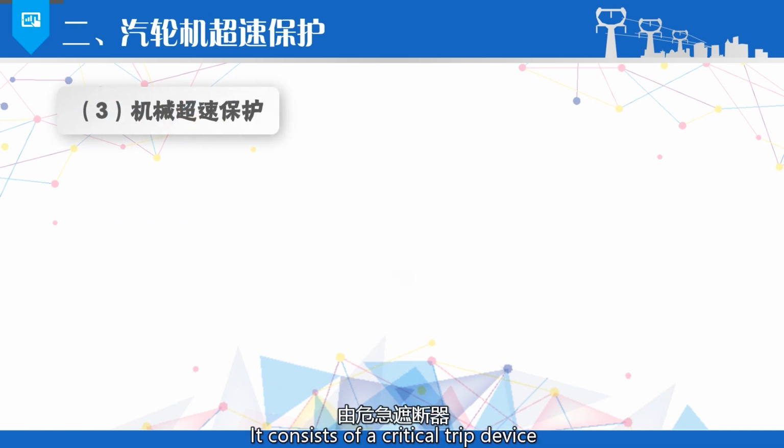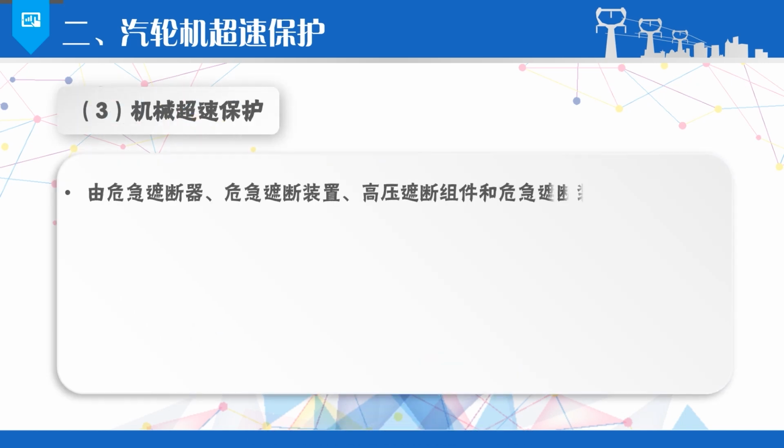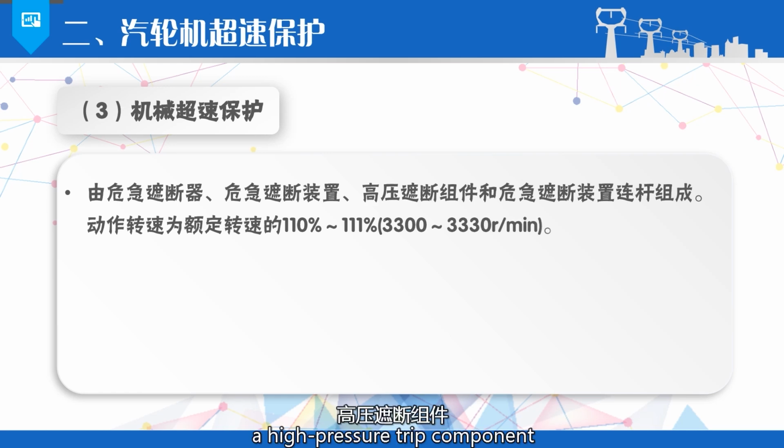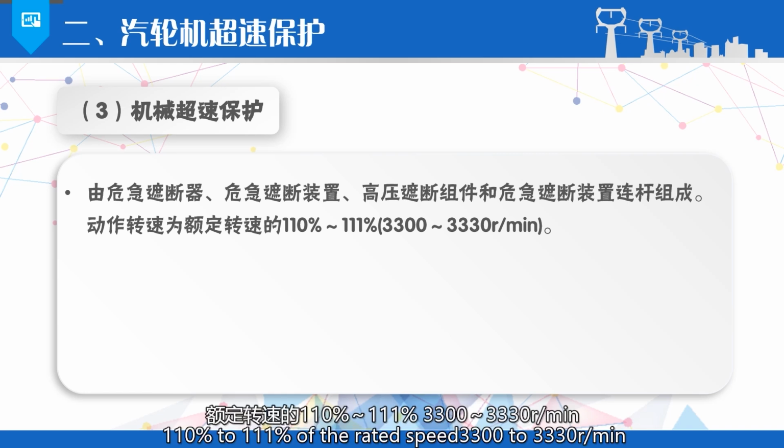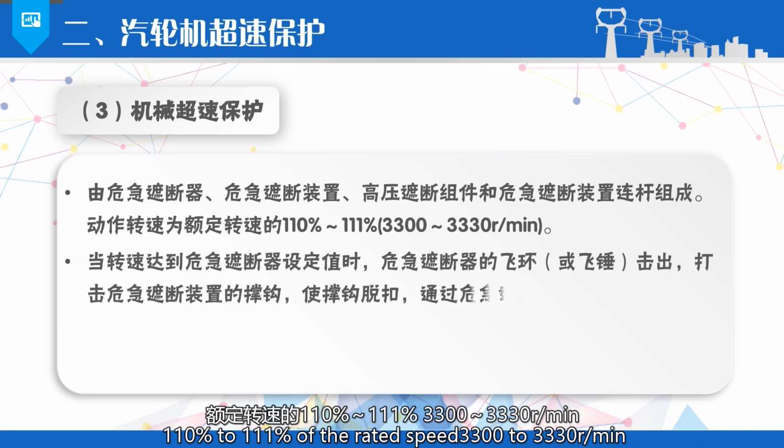Mechanical overspeed protection consists of an emergency trip device, a high-pressure trip component, and an emergency trip device connecting rod. The operating speed is 110% to 111% of the rated speed, 3,300 to 3,330 rounds per minute.